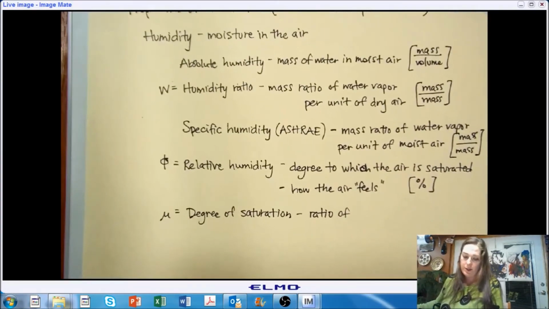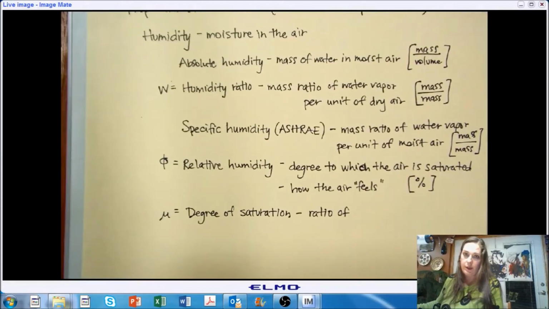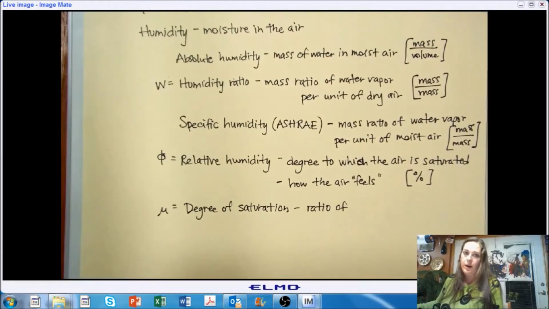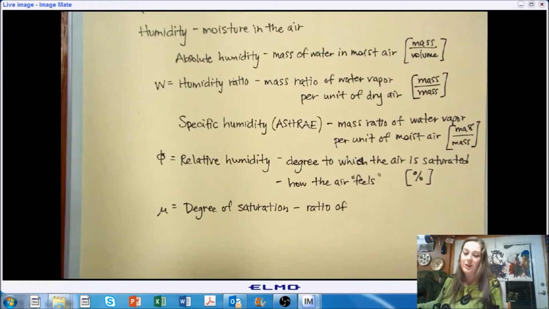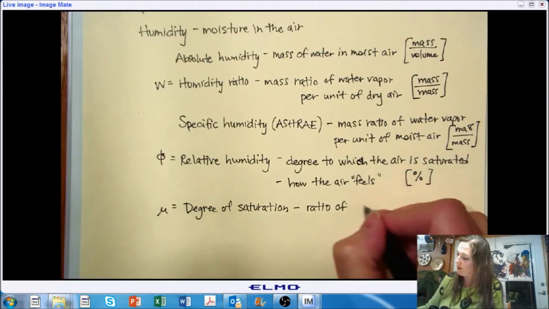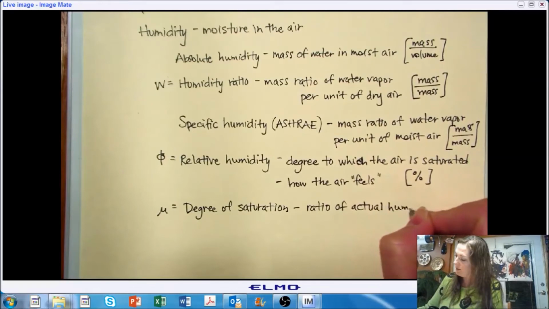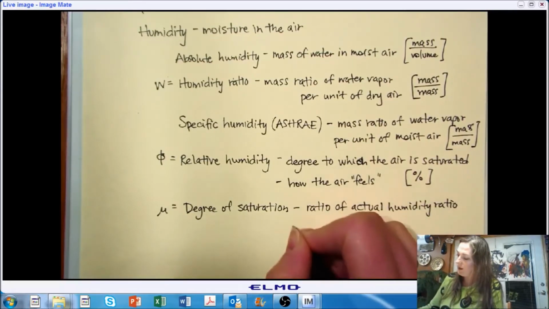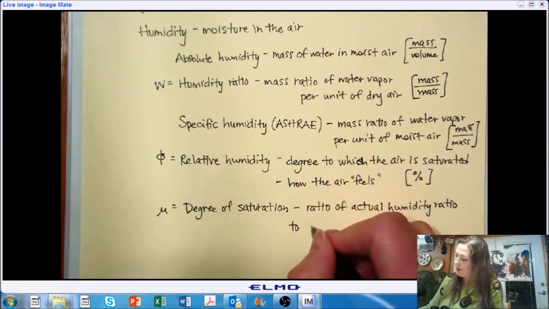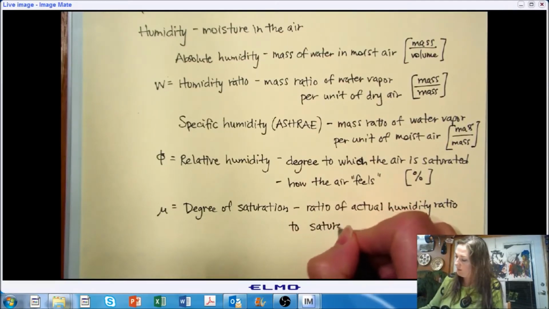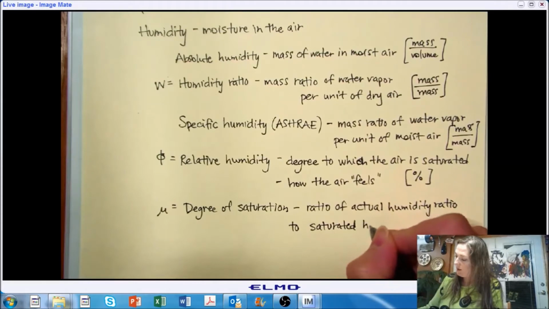So it's the ratio of the actual humidity ratio to the humidity ratio at saturation. So it's the ratio of actual humidity ratio to saturated humidity ratio. And this variable is unitless.